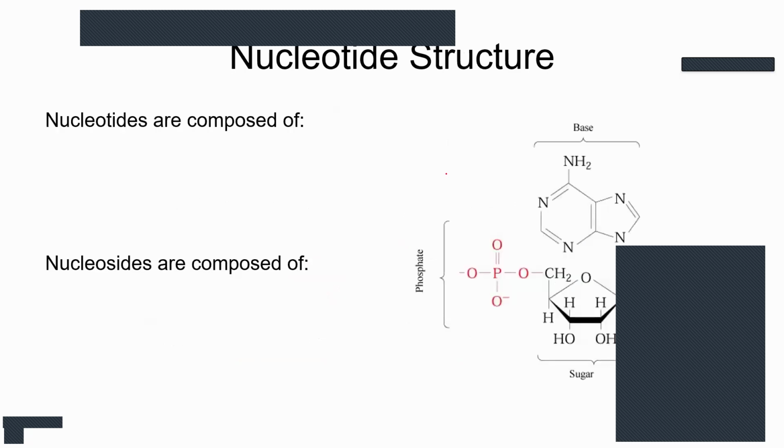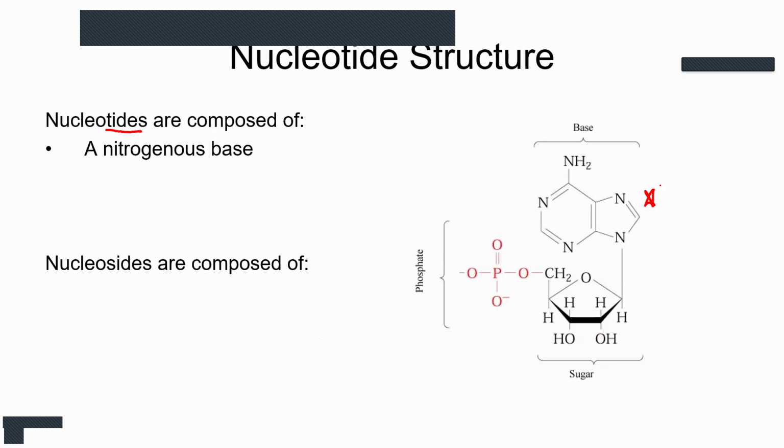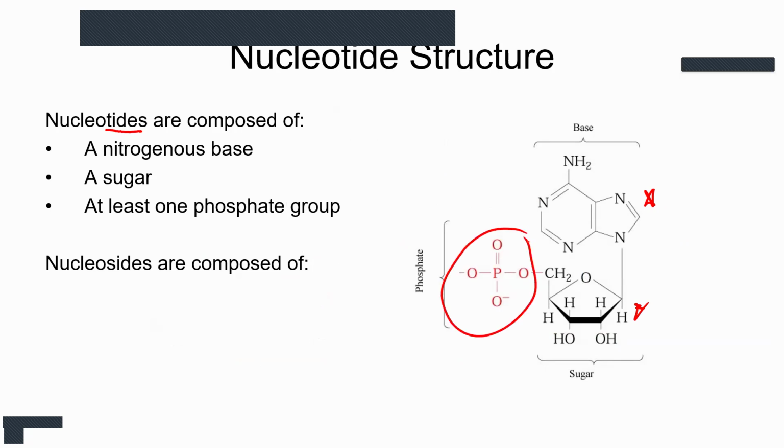Now a nucleotide, with a T, consists of a nitrogenous base, right here, a sugar, right down here, and at least one phosphate group. So when I was talking a moment ago about whether you could have something other than ribose, yeah, sure. Could you make a gluconucleotide? Yeah, sure.